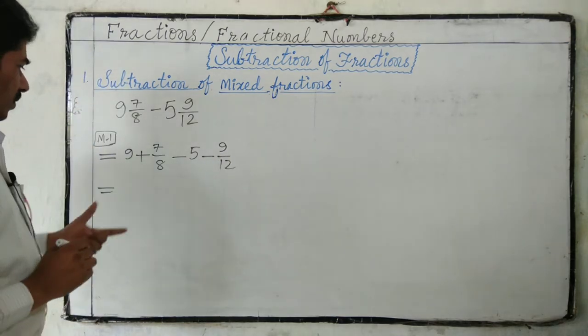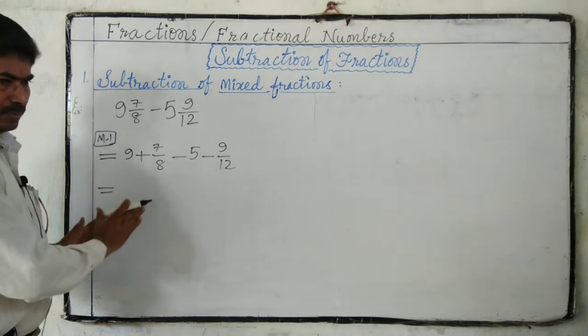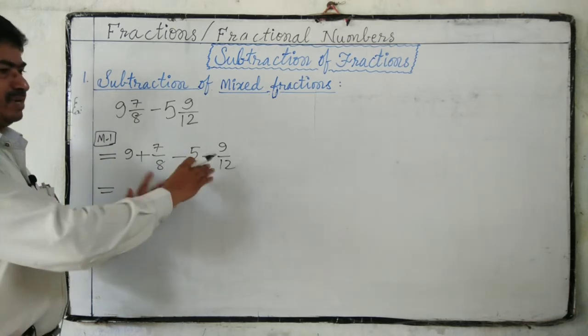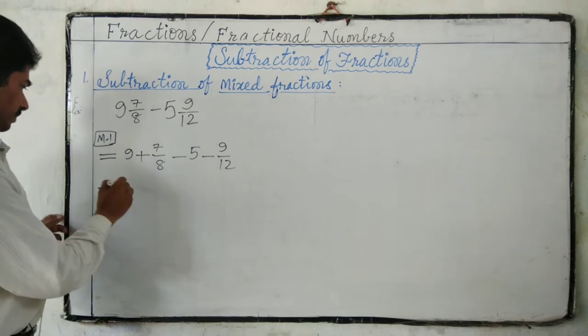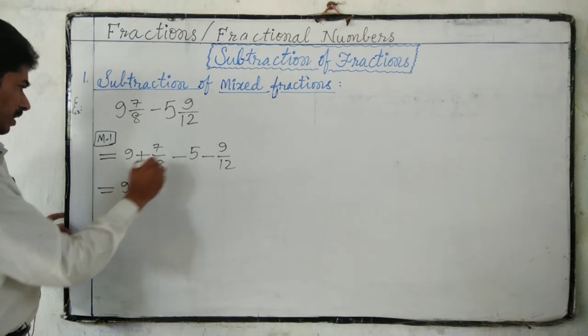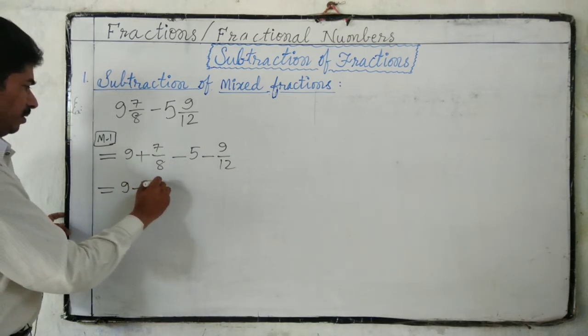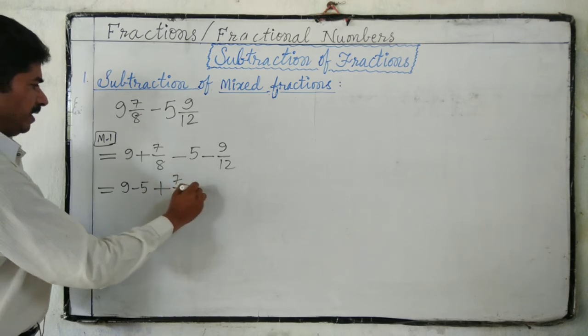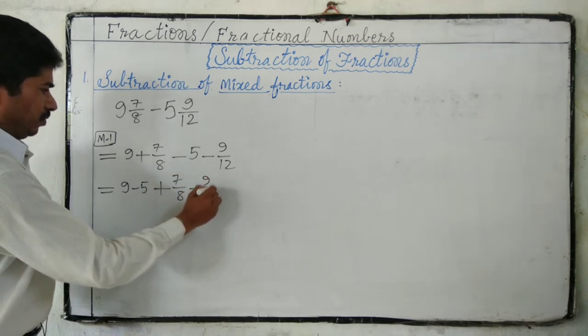Now we write the whole numbers in one place and the proper fractions in another place: 9 minus 5 plus 7/8 minus 9/12.